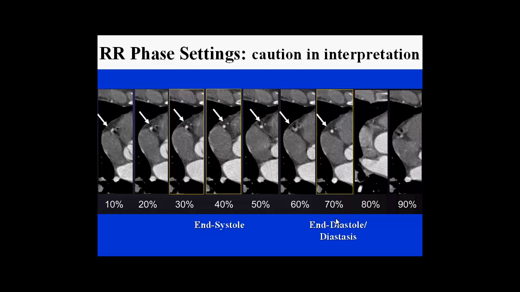Now, with just a simple difference between 70 and 80%, which means at a heart rate of 60 beats per minute or 1,000 milliseconds, this is a difference of only 100 milliseconds. I've gone from saying that the coronary artery at this section is normal at 70% to totally absent or occluded at 80%.